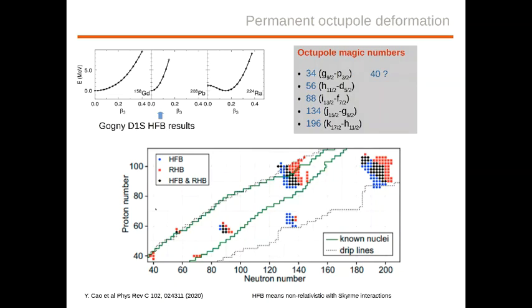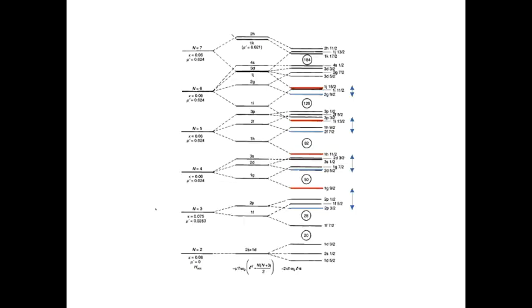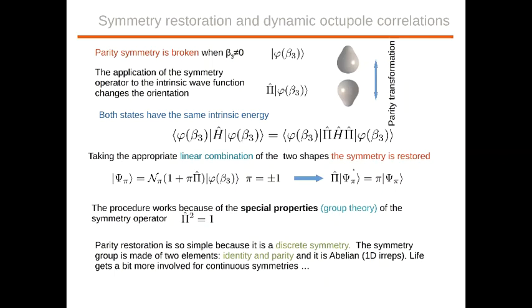So here we have exactly the same, but then, okay, here are the single particle levels that are involved in these strong octupole correlations, here in red and in blue, but I'm going to skip this. But then if we restore the symmetry, because we can restore the symmetries of these octupole deformed systems, we have to use these projectors.